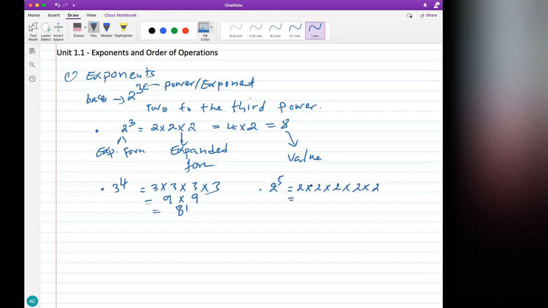Again, don't do all at once. Try to do 2 at a time. So this is 4 times 4 times 2. Then come back again and do 2 at a time. 4 times 4 is 16, times this 2. Finally, that's 32. So 2 to the fifth is 32.